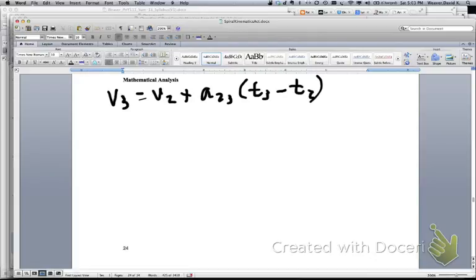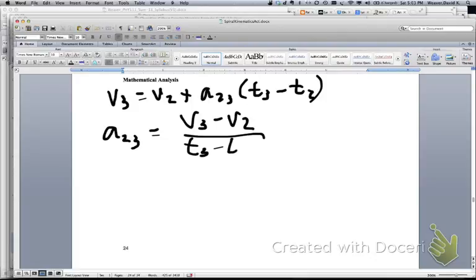So I'm going to solve this for A23, because that's the thing I don't know. And I'm going to remember the fact that T3 is equal to T2 plus, I think I remember, 2.4 seconds.